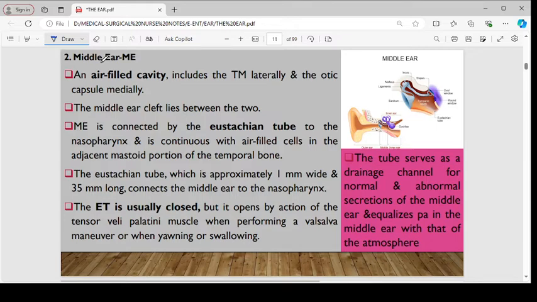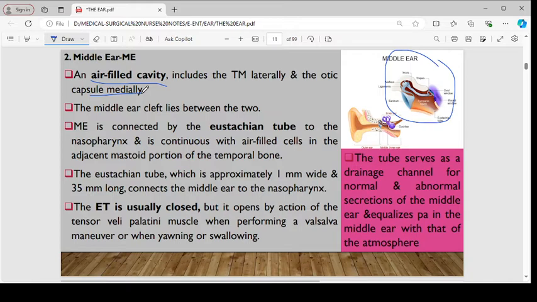We had the pinna, which is the auricle, then the external auditory canal, and we ended with the tympanic membrane. Let's proceed and now look at the middle ear. The middle ear is an air-filled cavity which includes the tympanic membrane, found laterally, and then the otic capsule, which will be found medially.